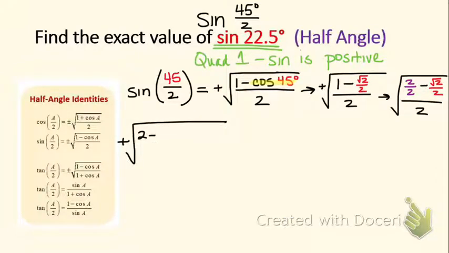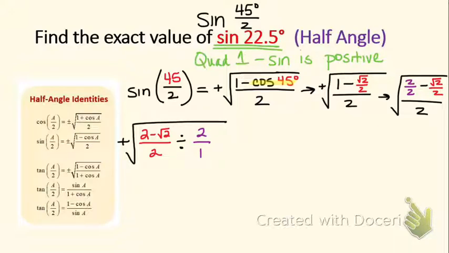Actually, I'm going to write that in a different color. So my numerator is 2 minus root 2 all over 2. And that's divided by, I'm going to write this with the division symbol now, because when you have a fraction, you know that's division. That's divided by 2. That is what's going on under my square root.